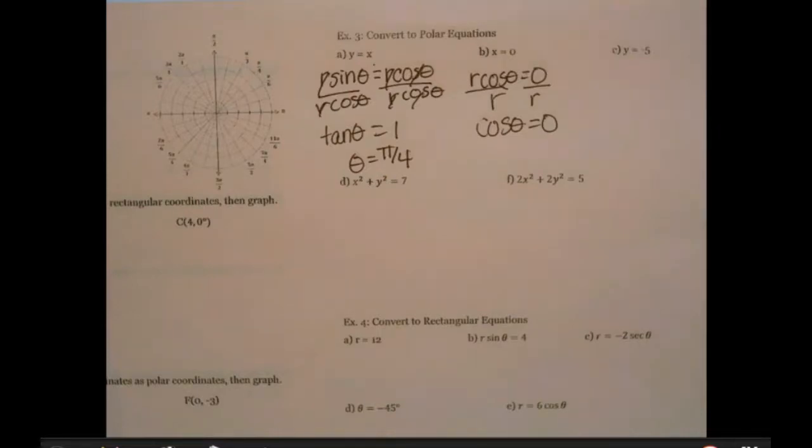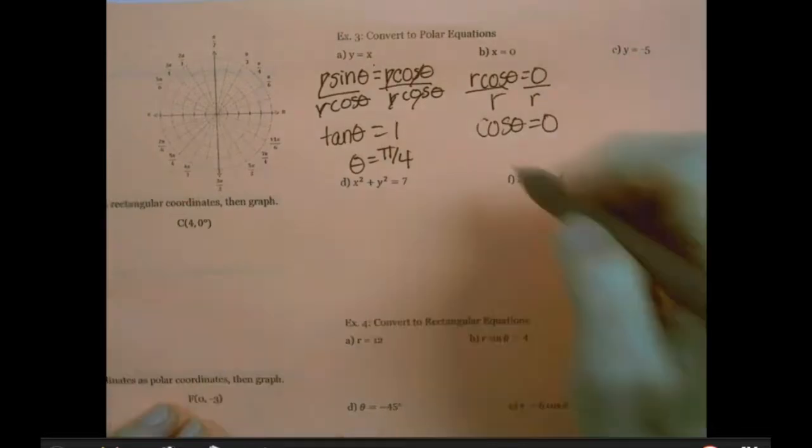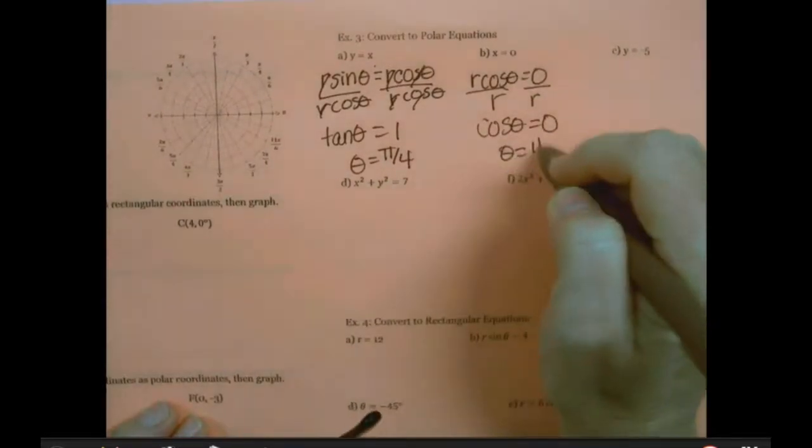So we're not dividing, but we're going to do the inverse. So where would the cosine equal 0? So think about your little chart. At pi, it's -1. At pi over 2, it's going to equal 0. So my theta equals pi over 2.